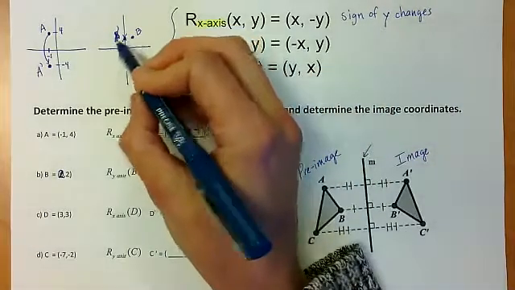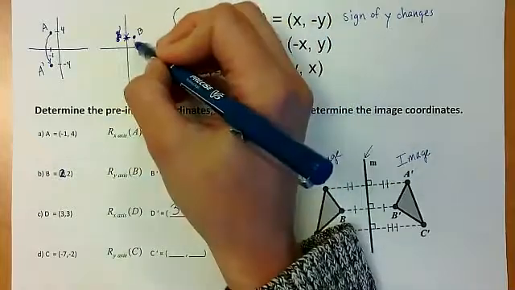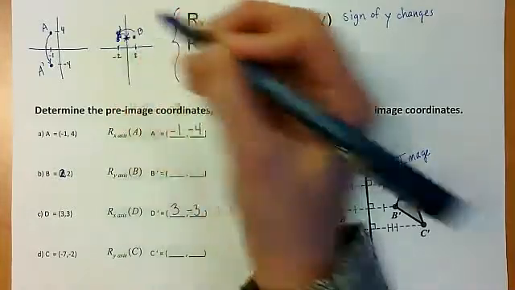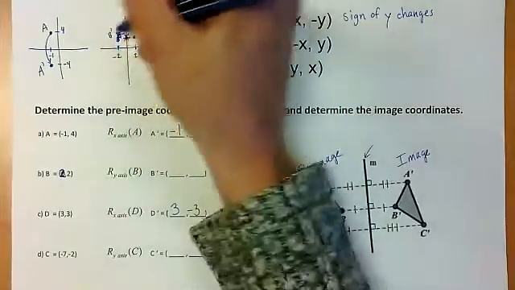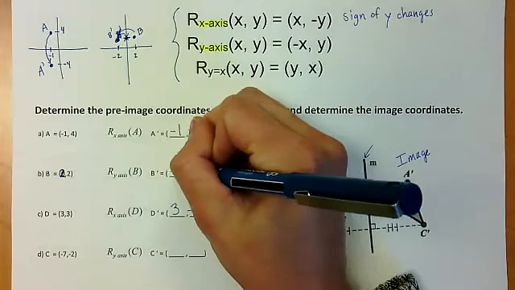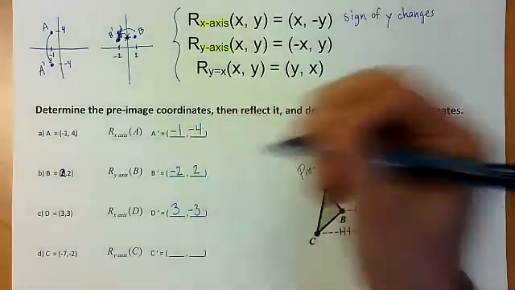My y value stays the same, but my x value is changing from 2 to -2. So my x value changes sign, and my y value stays the same.